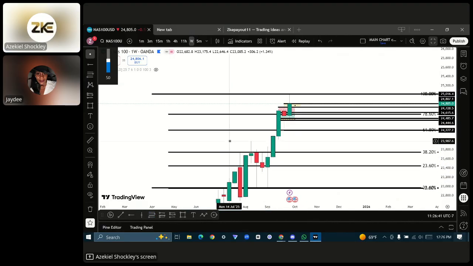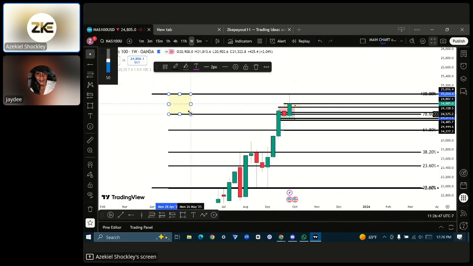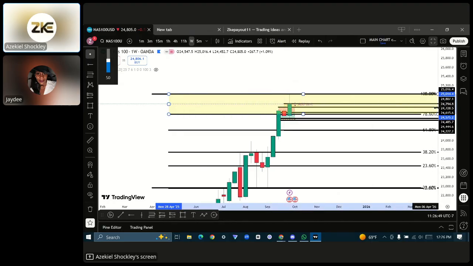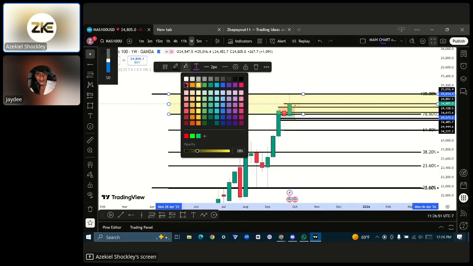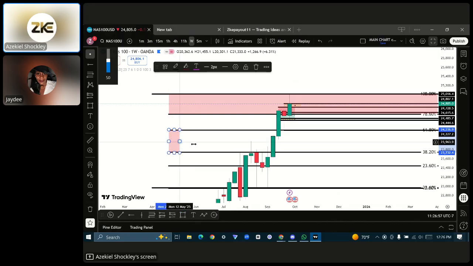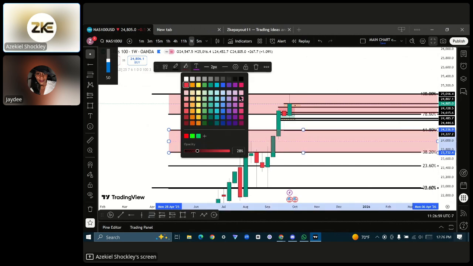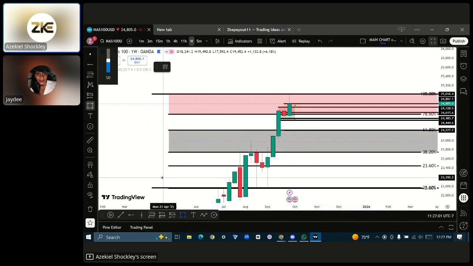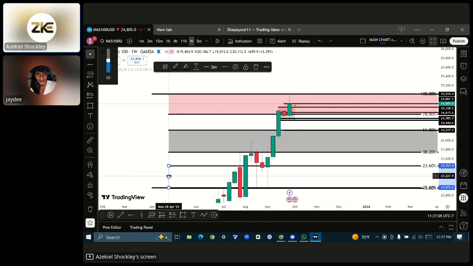And you draw out the overall perspective of this range, which is your premium zone, which you make red. You draw out this range, which is your auction zone, which will be black. And you draw out this range, which is your support range, which will be green.